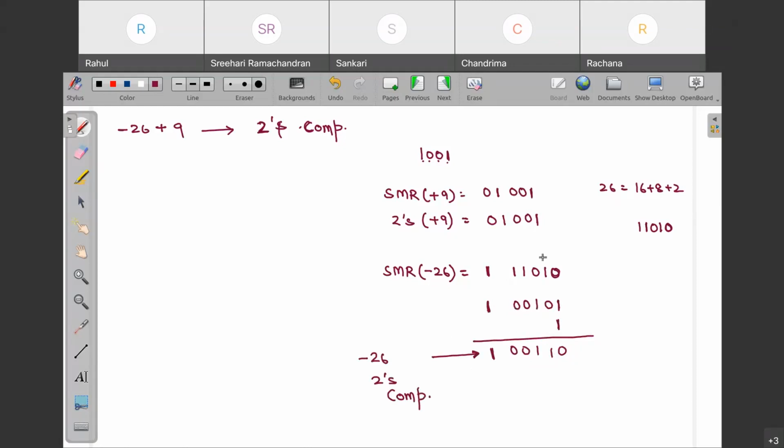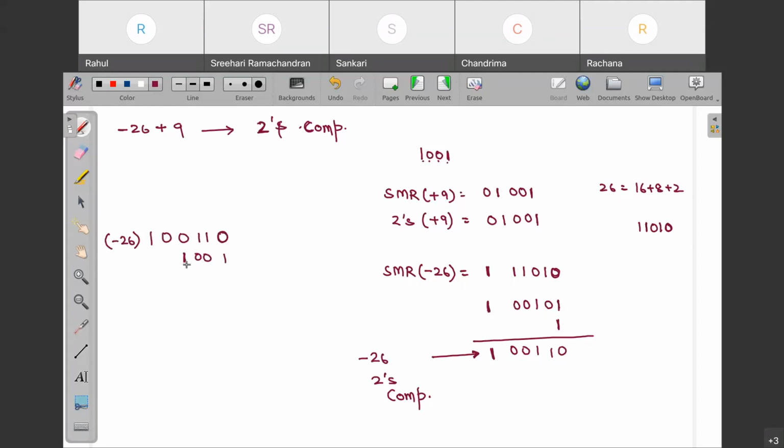So now what I will be doing? I will be adding these two numbers. So minus 26 is 1 0 0 1 1 0. So this is minus 26, and over here what I have is plus 9. So plus 9 is 1 0 0 1. So now you can see there is bit mismatch. So what am I going to do?